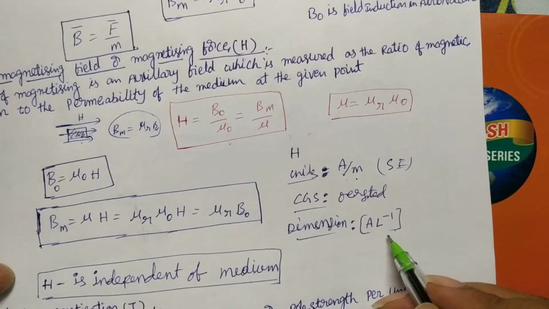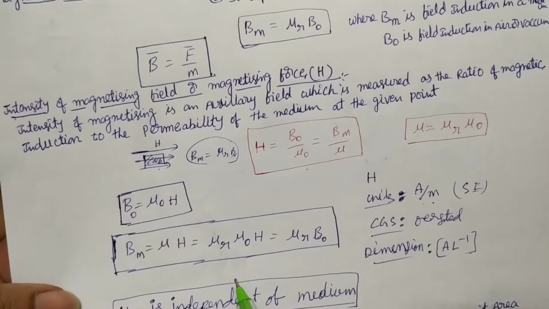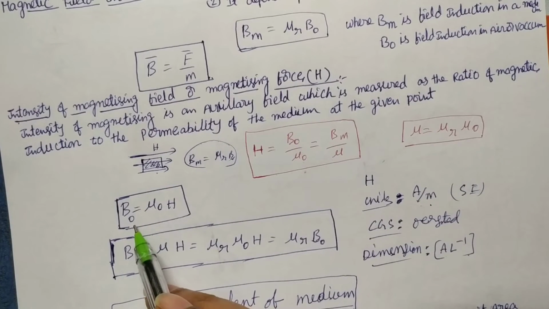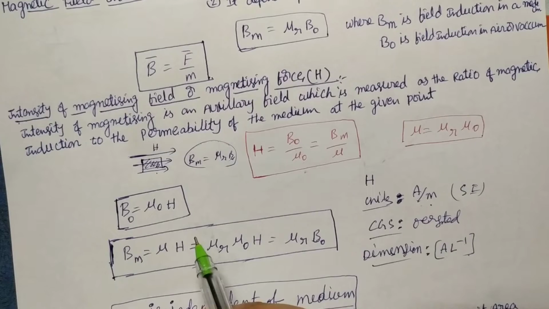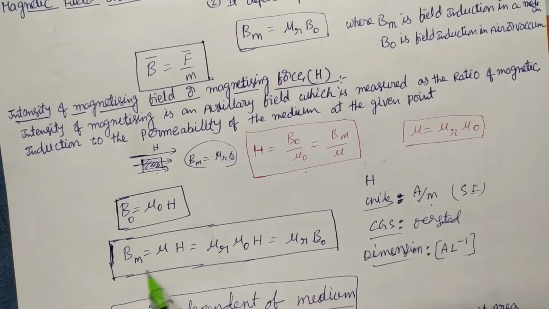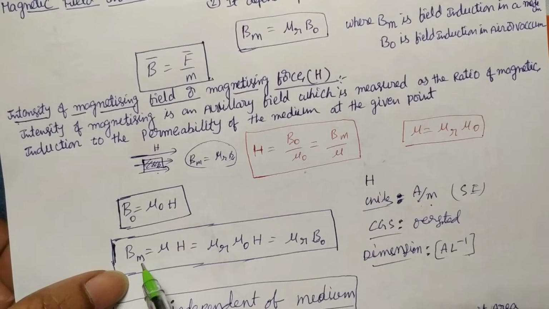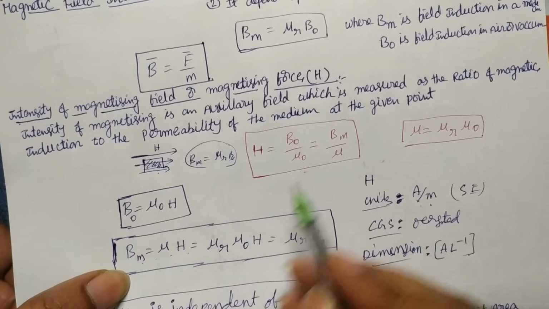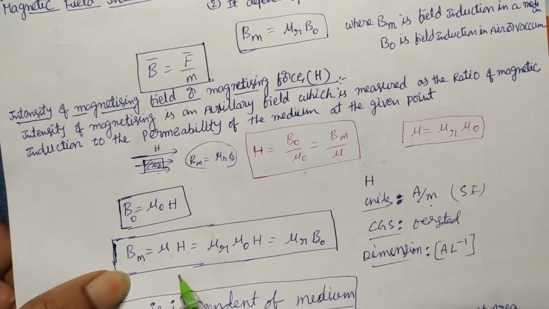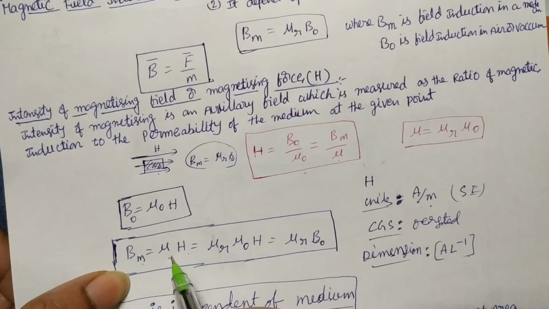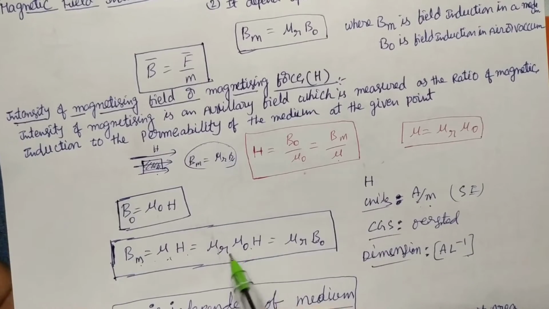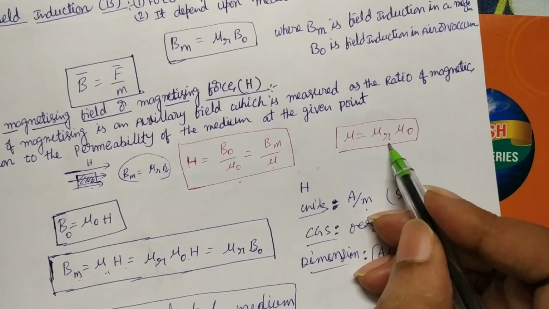That is the dimension. And suppose you take B, magnetic field induction in free space, it is mu naught H from this relation. In a medium, what can you write? B medium is equal to mu H. And what is the mu value? Mu is equal to mu r into mu naught. Mu r is relative permeability. What is mu r?